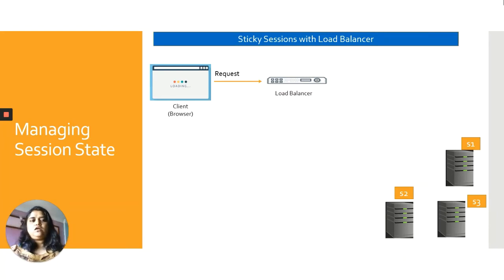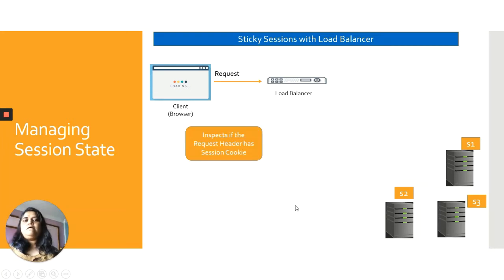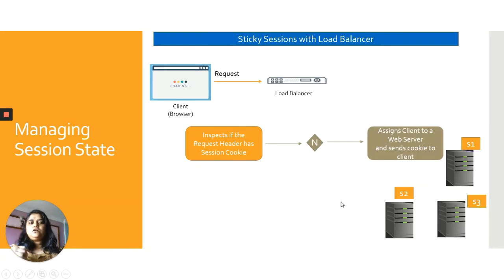We do not have to keep one particular server dedicated to one user. How we do that using sticky sessions is that the load balancer will first inspect the request header to check whether it has a session cookie. Suppose the request is a new request, so it won't have a session cookie.